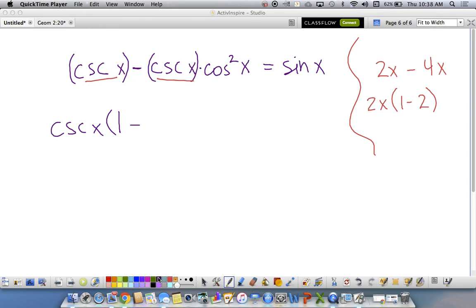What's the whole factor? 1 minus cosine squared x. We're only talking about the left side right now. Have we seen something like that before? Is there anything up there that you recognize? Look and see.